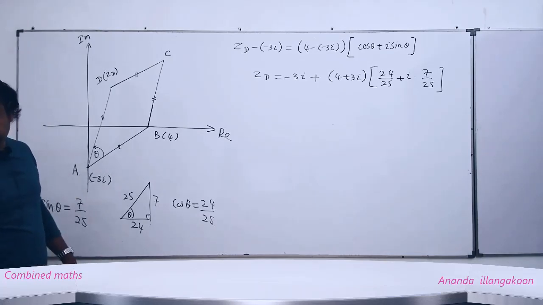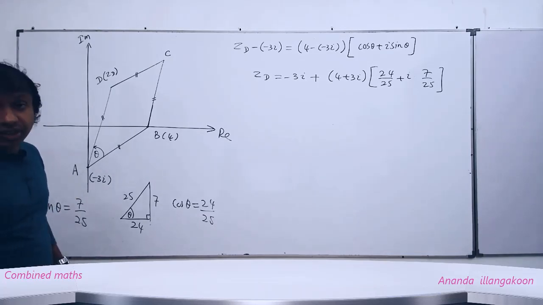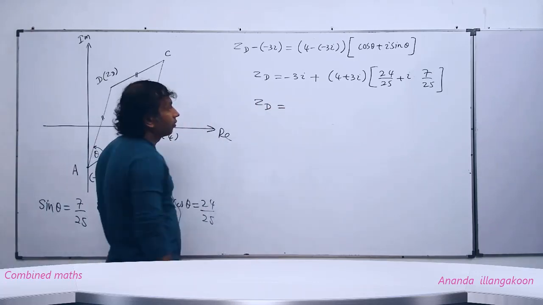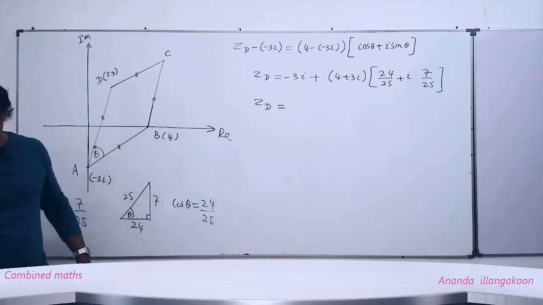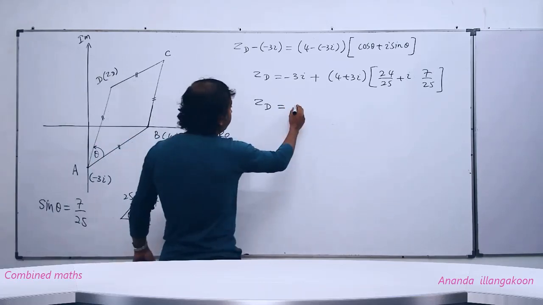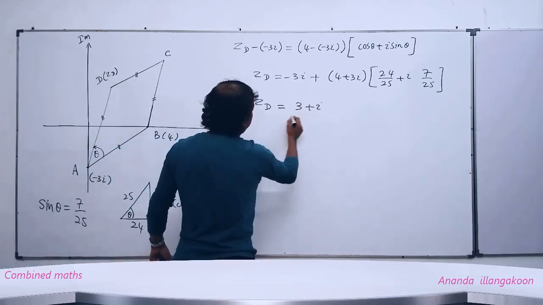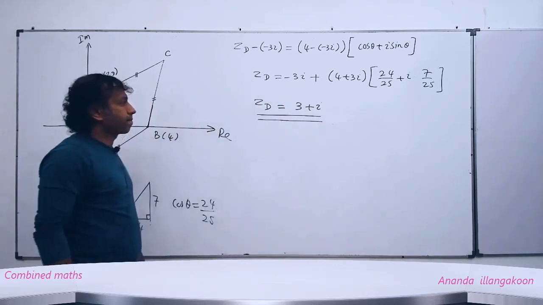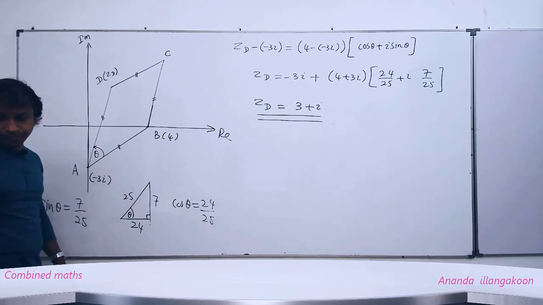Then ZD, people, simplify this. When you simplify this, we get 3 plus i. Simplify that, people. 3 plus i.